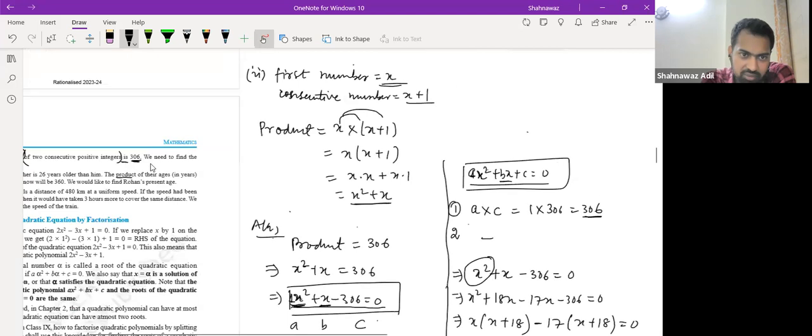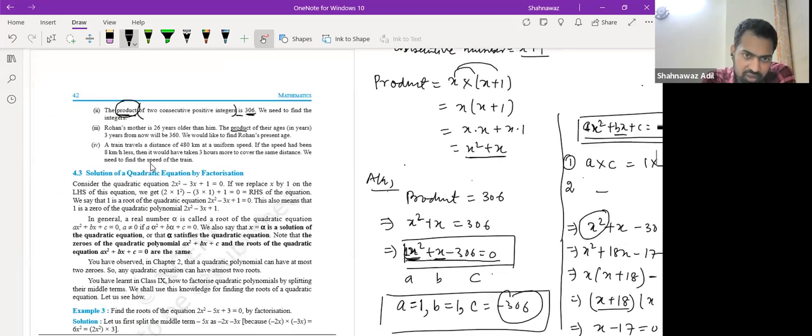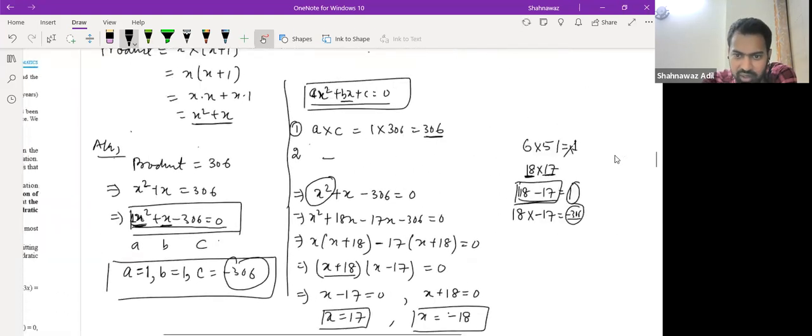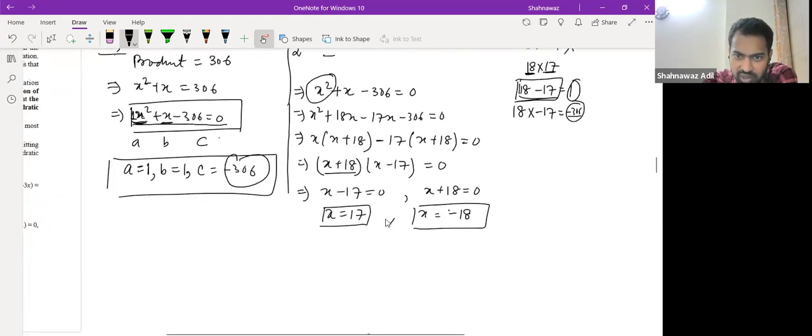This is a positive integer. So between these, which one is positive? This one, 17. So minus 18 is discarded. It is not a positive integer, so x is 17.